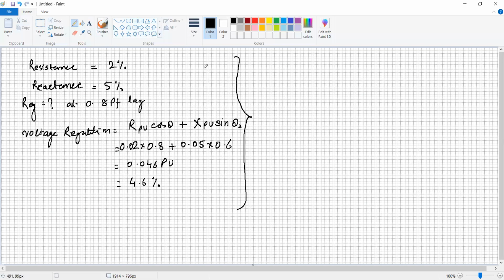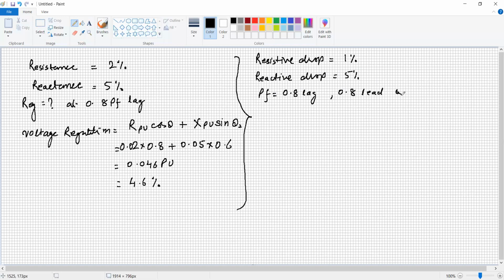So the percentage resistive drop is 1% and the reactive drop is equal to 5%. We want to calculate the regulation at different power factors: 0.8 lag, 0.8 lead, and unity power factor.